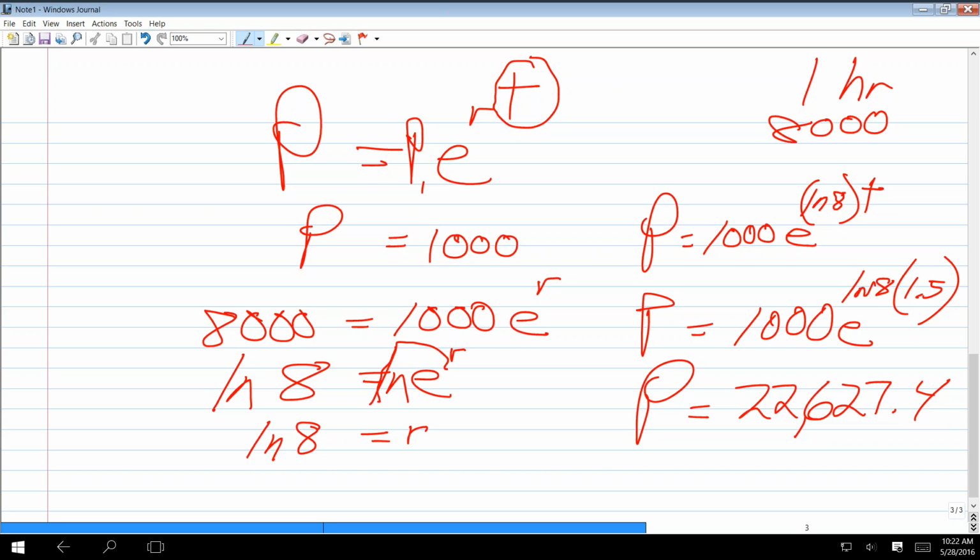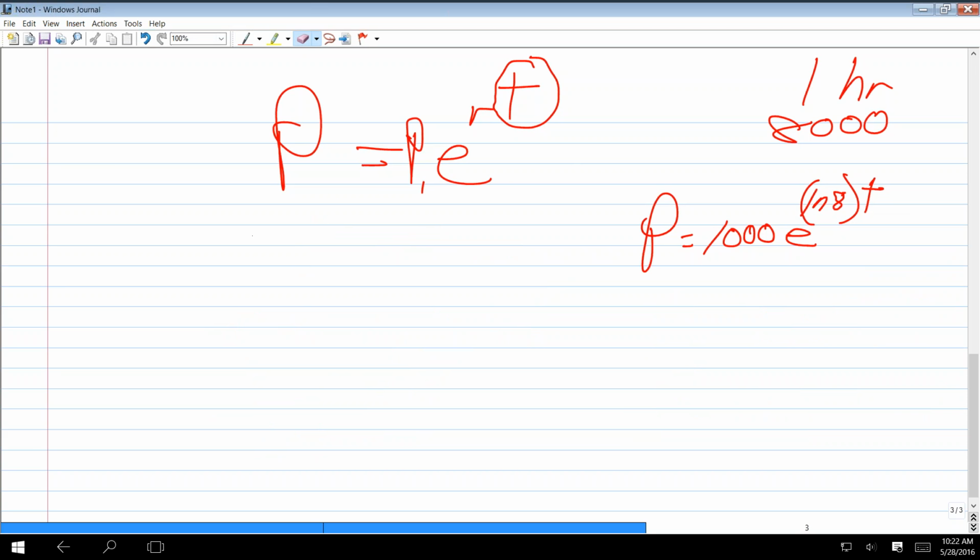Now it's asking me, when will the population reach 15,000? Okay. So for the population, we've got our general formula, and that's really all we need. So 15,000 equals 1,000 e to the ln of 8 times t. Now, solve this.